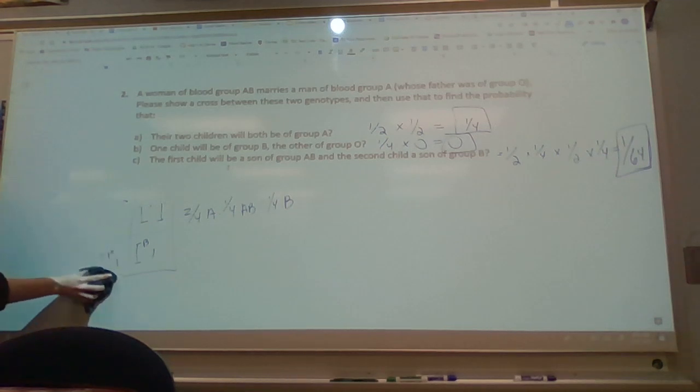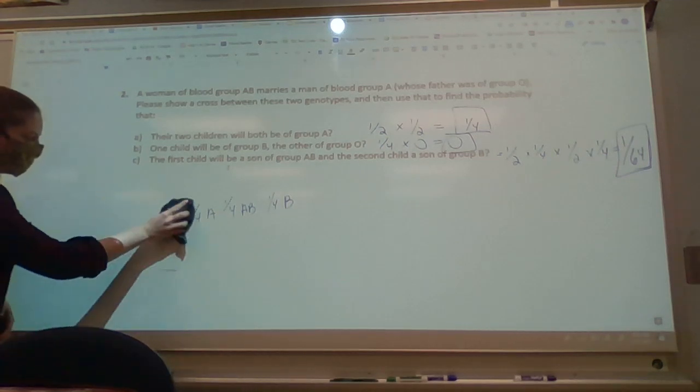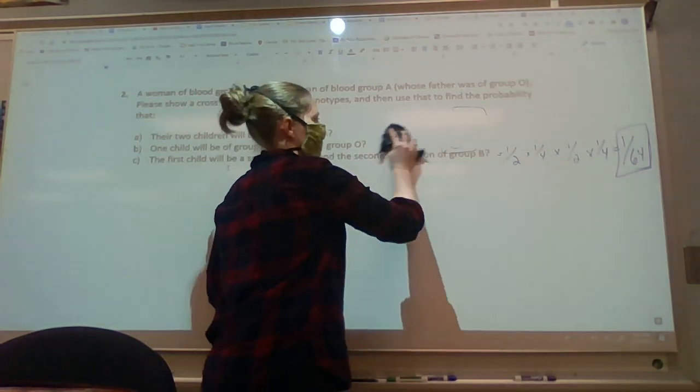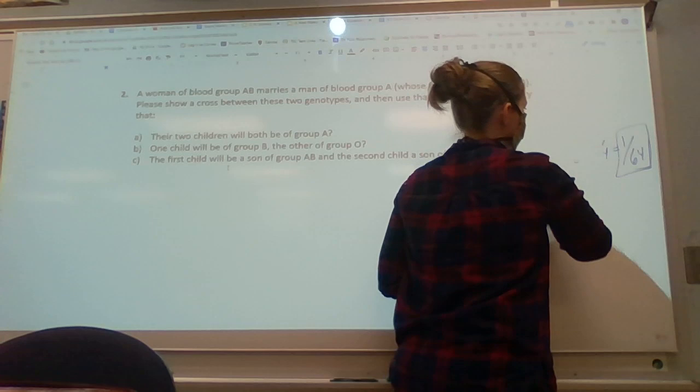We do have one last really important non-Mendelian pattern to look at today, and that's sex-linked traits.